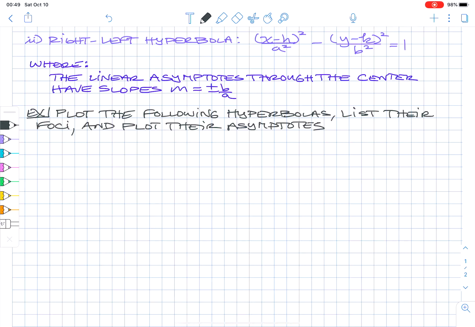Okay, so here we go. Number 1. Let's say we have (x minus 1) squared over 9 minus (y plus 1) squared over 16 equals 1. Let's rewrite this.